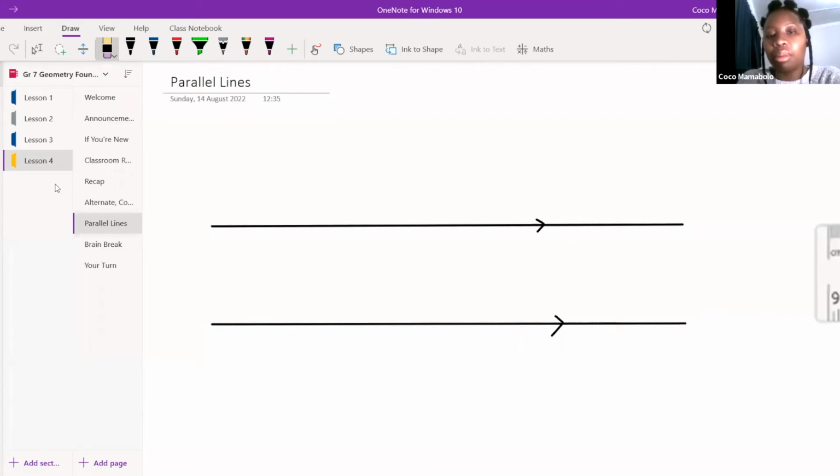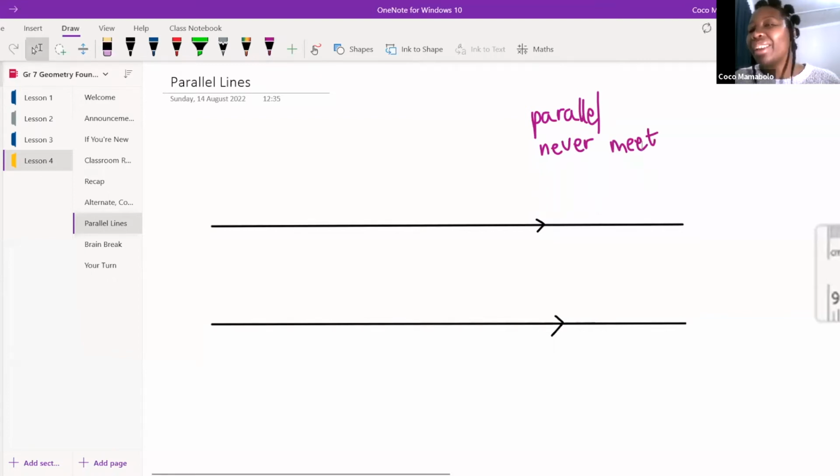Exactly. They are parallel lines. Very well done. And like some people are saying in the chat, parallel lines never meet. We've learned this quite a lot of times. If you haven't, go back to lesson 1, where we were talking about parallel lines and perpendicular lines. Parallel lines do not meet.